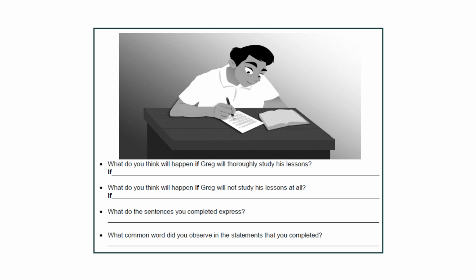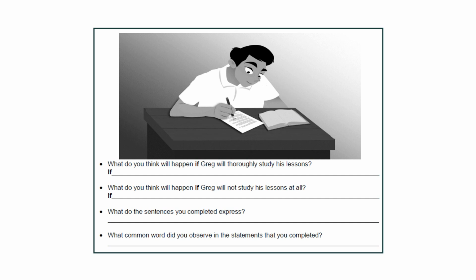What do you think will happen? Let's go to the second one. What do you think will happen if Greg will not study his lessons at all? Then it's simple. If Greg will not study his lessons, then his grades will fail. So far, we can point out the importance of this topic. Now, what do the sentences you completed express?